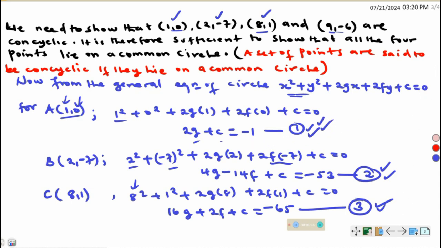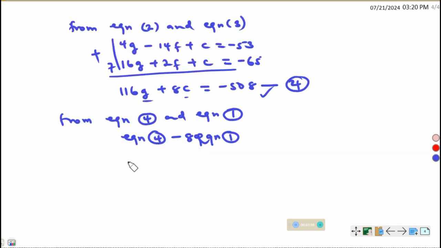Then we shall be able to remain with g as negative 5, and c will be 9.